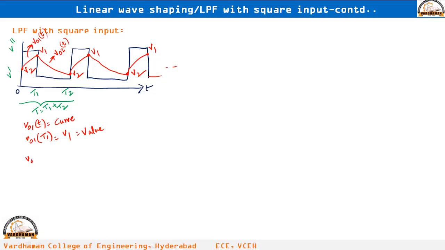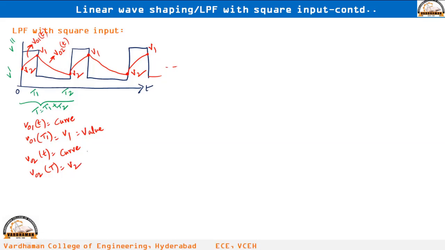Similarly, V02 of t is the curve. So V02 of capital T, don't think that it is T2. To get the V2 value, we need to take t equal to capital T because it counts from 0 seconds. So V02 of T is V2.